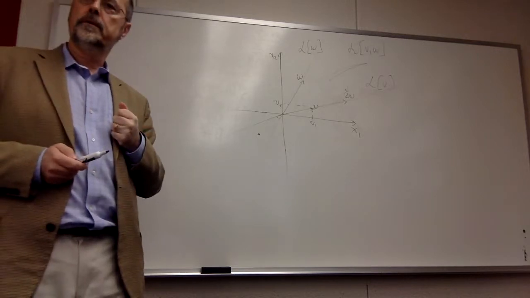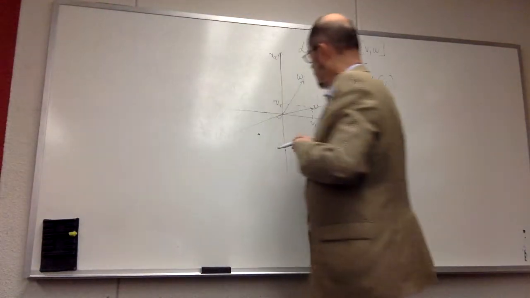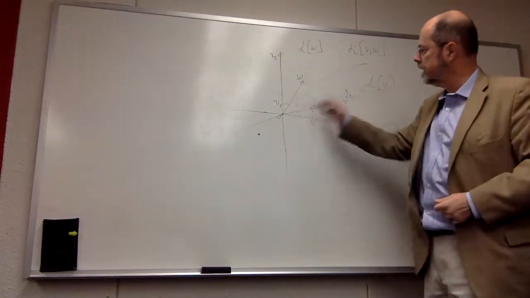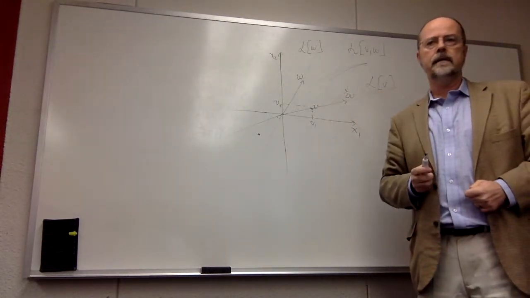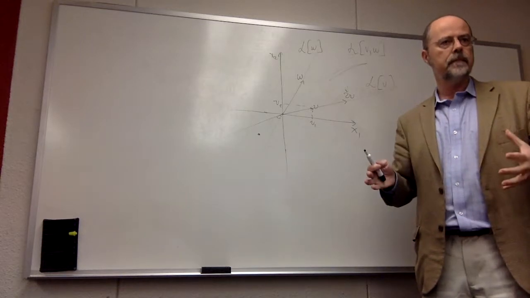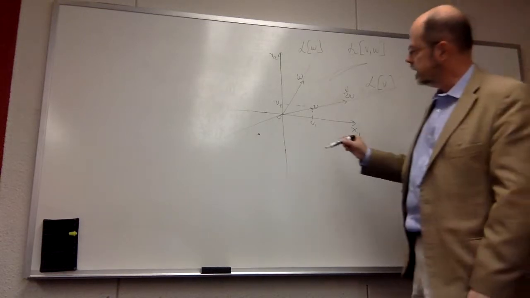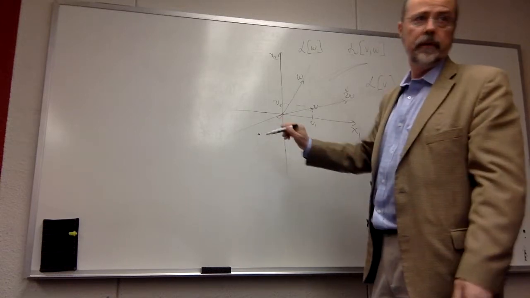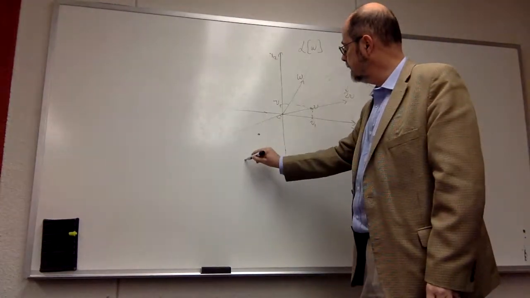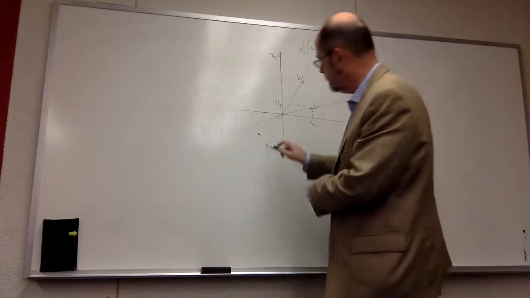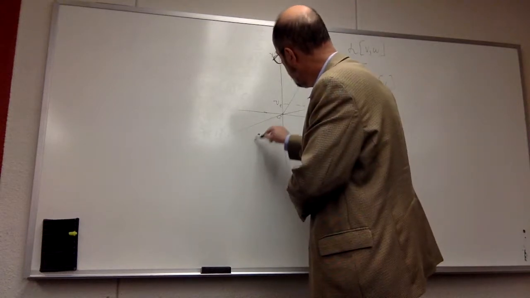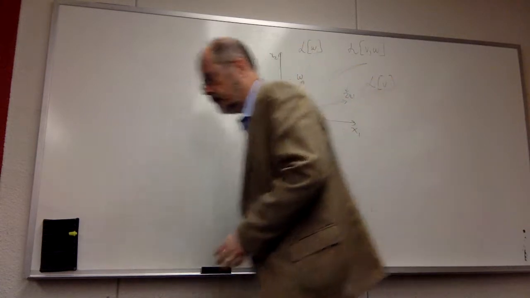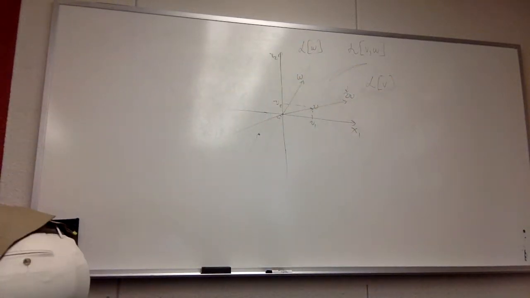Here's how you find out. You think more or less of these lines as the new axes for your system. So you go to the point you want, any arbitrary point, and draw a parallel line. Let me grab another pen.